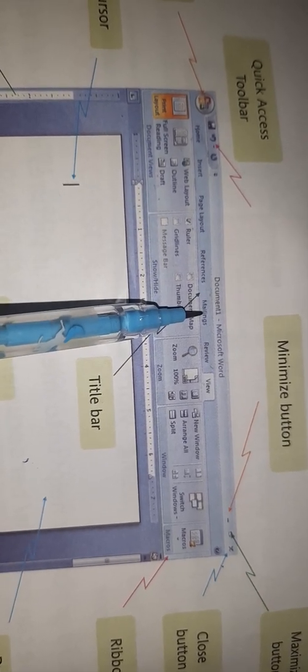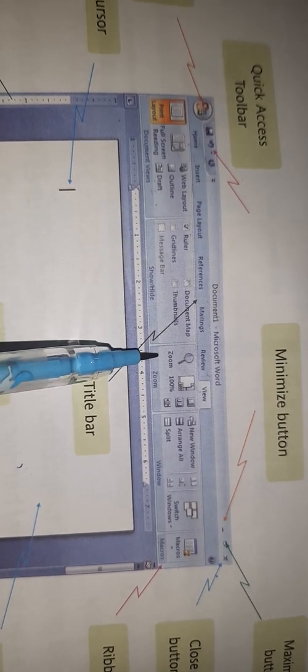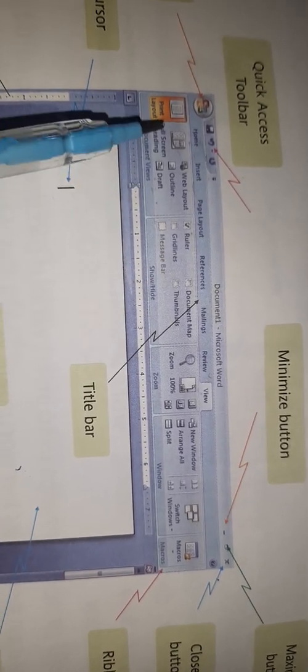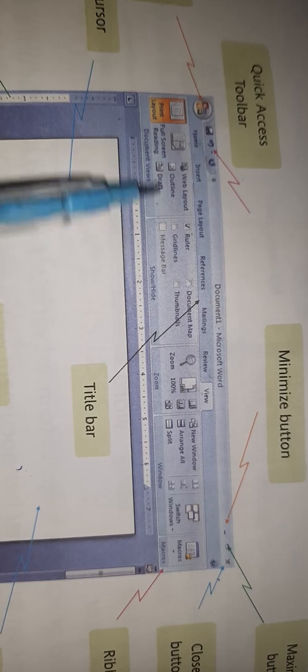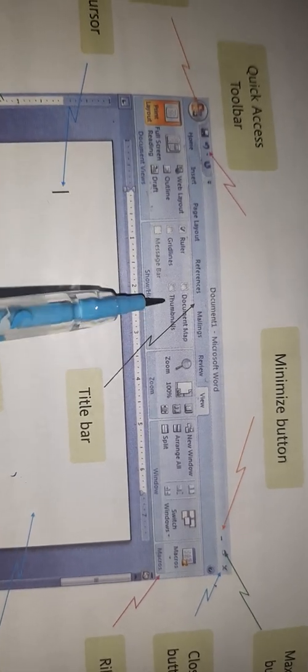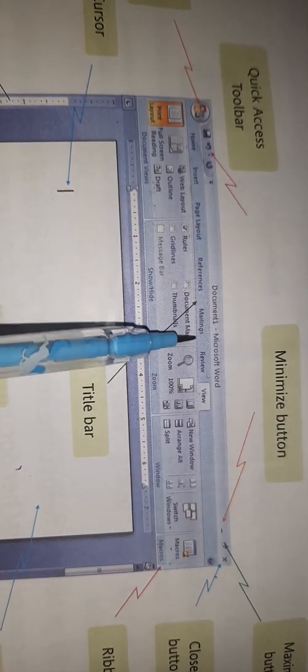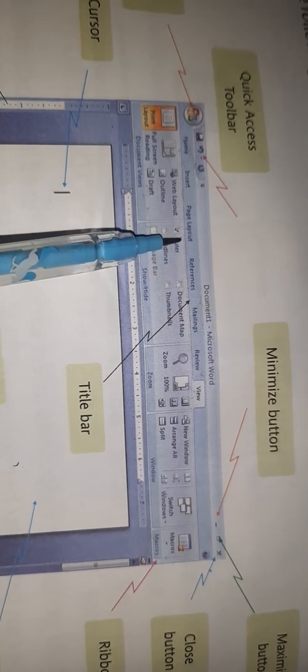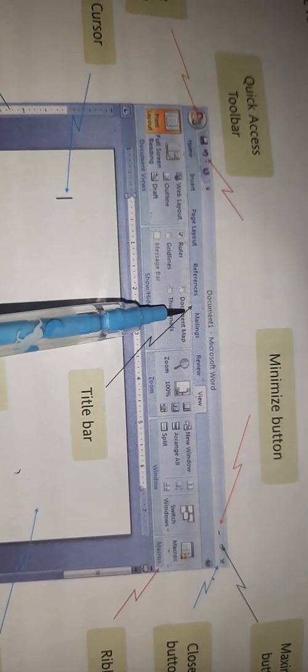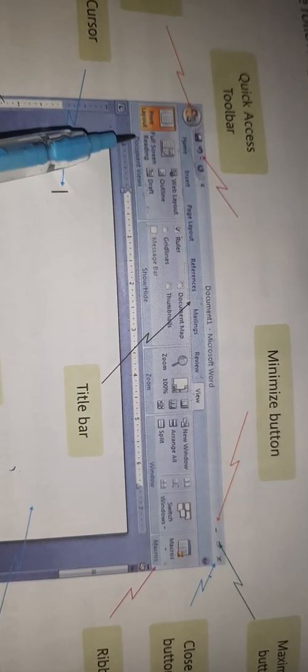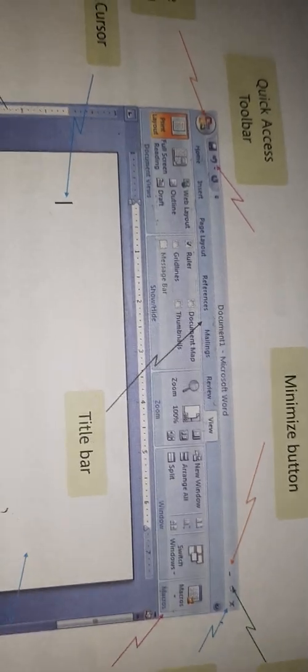If we open the mailings tab, again new groups will be there. So these are various commands which are arranged in groups, and these groups are further arranged in tabs, and these tabs are present in this ribbon.